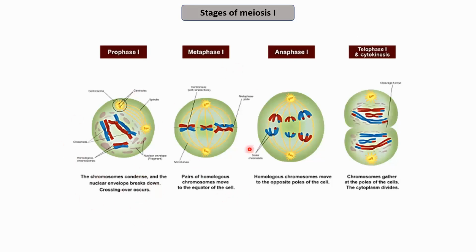In metaphase 1, pairs of homologous chromosomes move towards the equator of the cell. In anaphase 1, homologous chromosomes separate and move towards opposite poles. In telophase 1, chromosomes gather at the poles and the cytoplasm starts dividing. So this is meiosis 1.